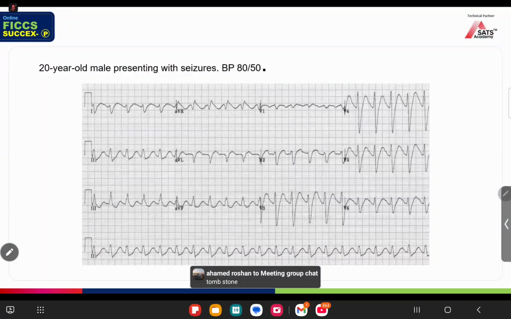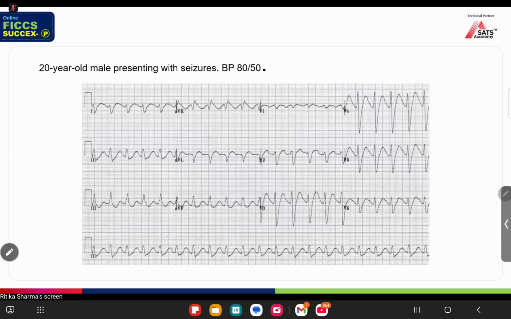20-year-old male presenting with seizures, BP is 80/50. The ECG shows tachycardia with broad QRS complexes.